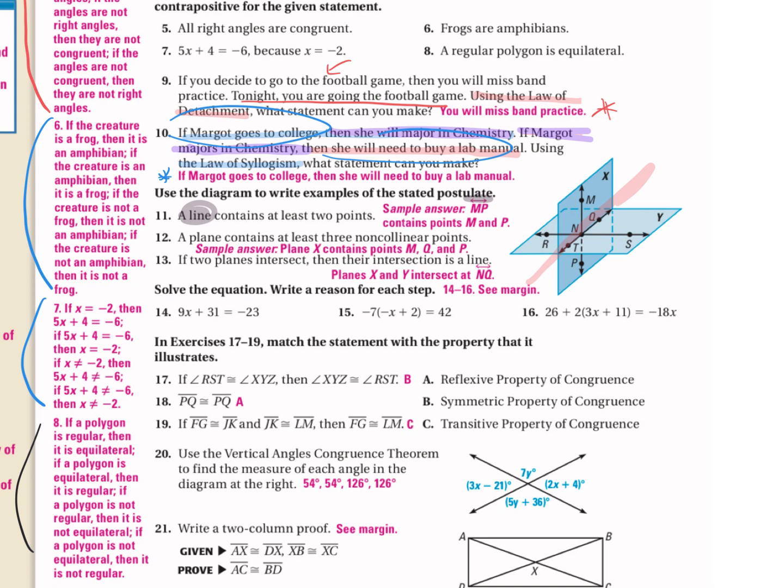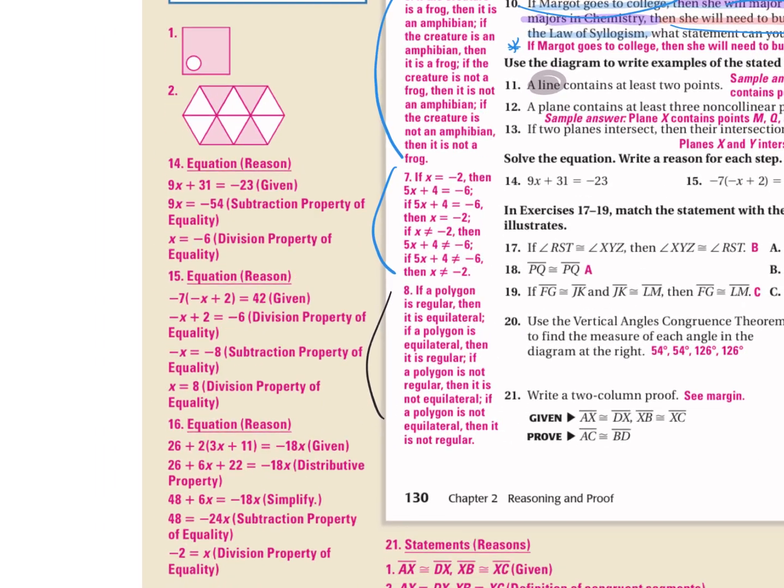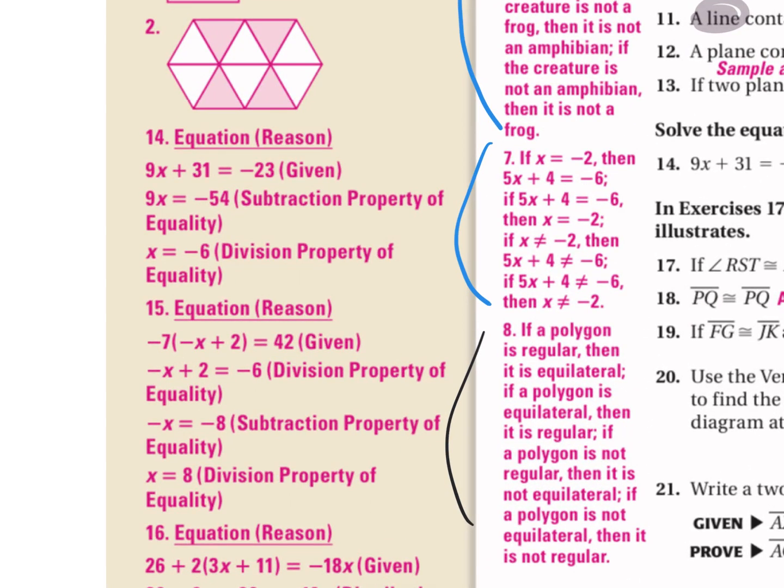So for number 14, it's over here. Remember, when you're setting it up, this side would have been the statements where it says equation, and then the reasons. So the problem that they give you to solve is given. And then from there, I subtracted 31. So subtraction property of equality. And then division property of equality.